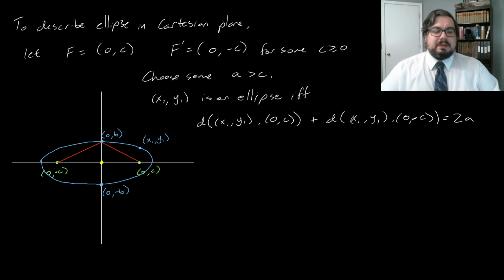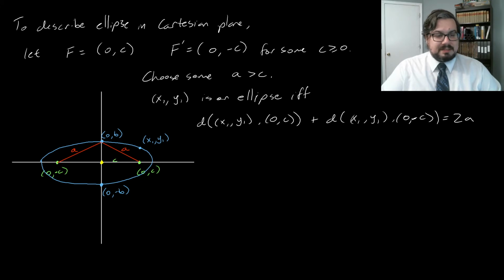And what we have is that each of these two red line segments has length a. That's because everything's symmetric here. The ellipse that we've drawn is symmetric about the y-axis. And therefore, if the distance from 0, b to the two foci has to have a total distance of 2a, then its distance to either one of them has to be exactly a.